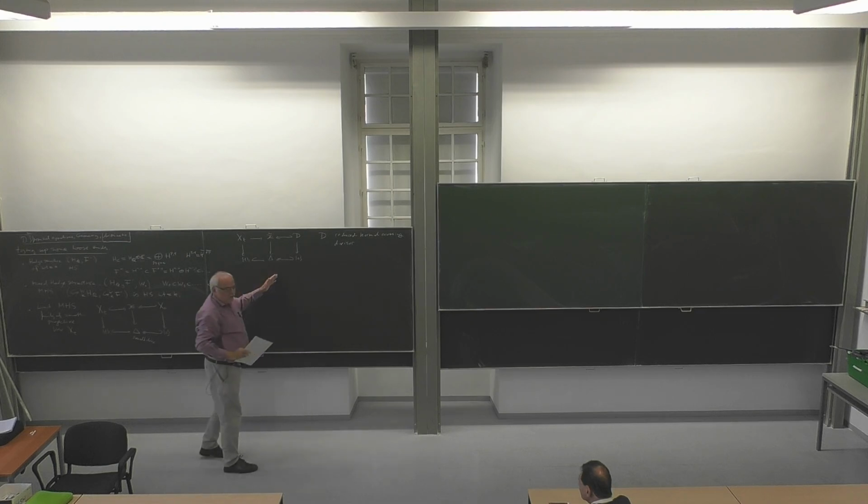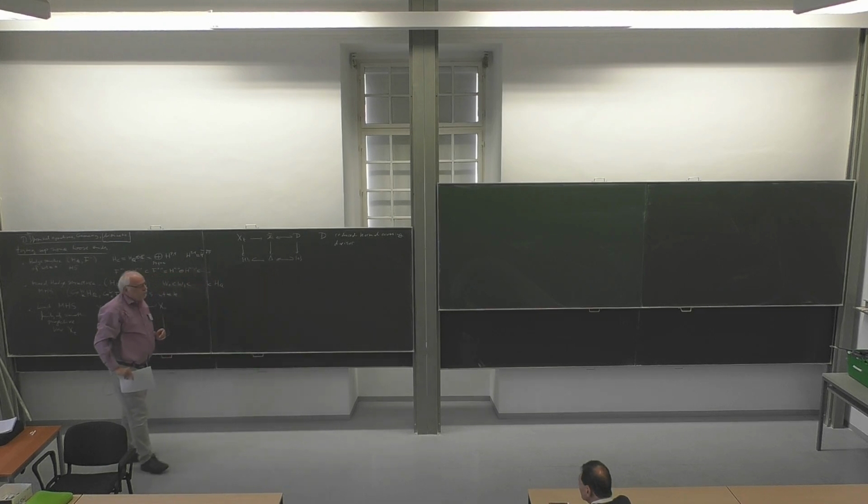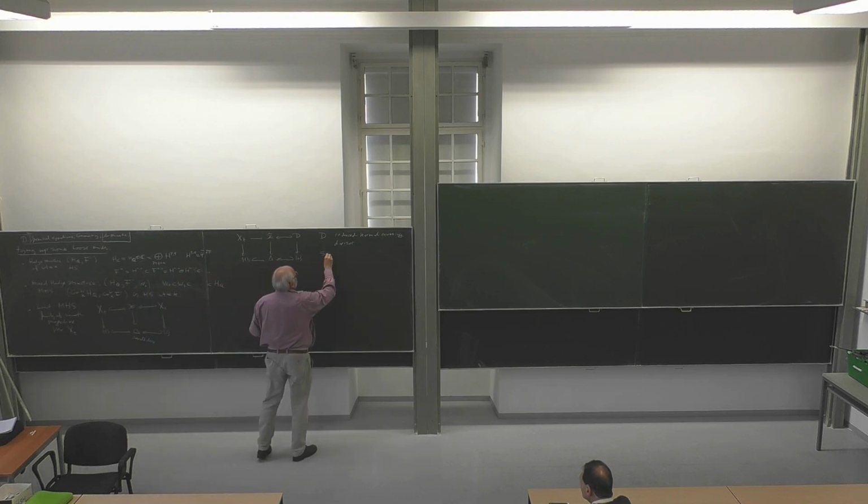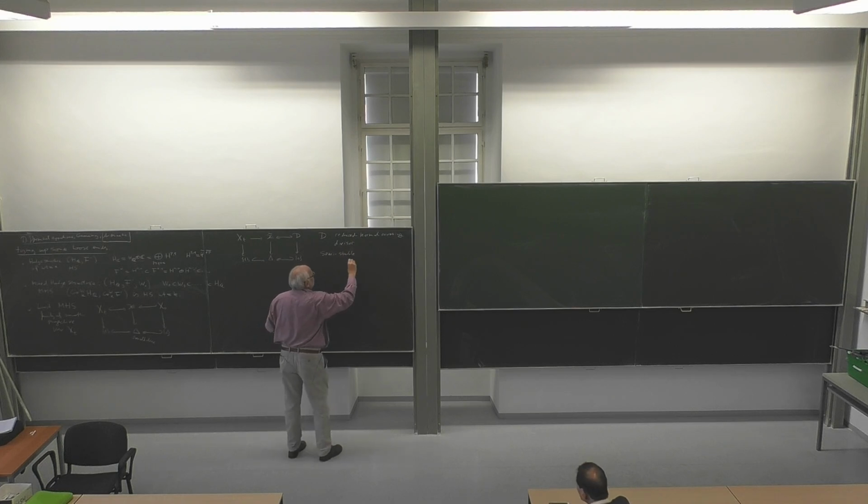First you make a base change, t goes to a power of t, and then you can get a semi-stable reduction. So this is already a difficult theorem.